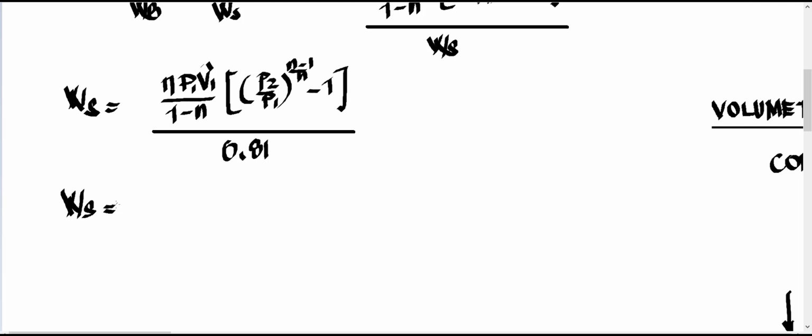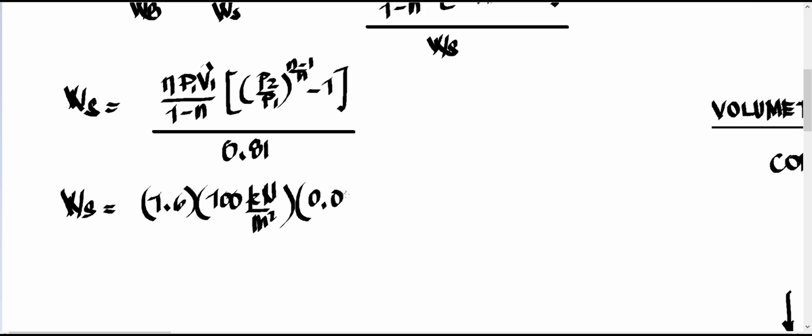We have N, that will be 1.6, multiplied by the pressure P1, which is 100 kPa, that we're going to express in Newton per square meter. Then we have the volume V1 prime, and we're going to use the cubic meter per second value, 0.0864.